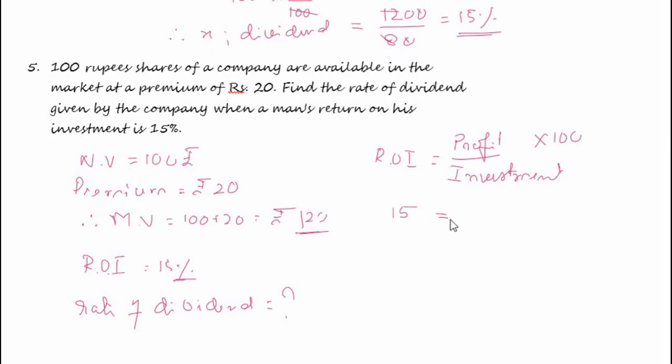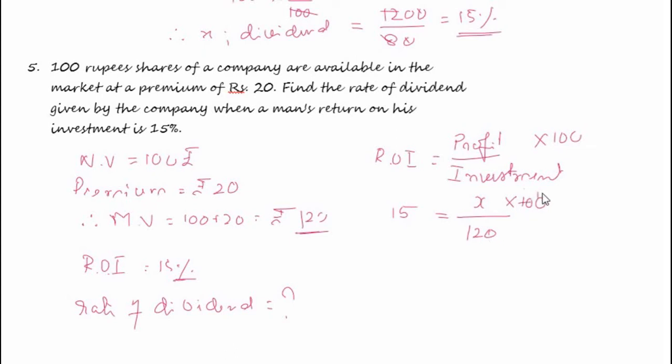So that is equal to profit. Profit is the dividend. We don't know what is the dividend received. Let us take the dividend as X for 1 share. That is the dividend received for 1 share. The investment for 1 share is rupees 120 into 100. So this cancels here.